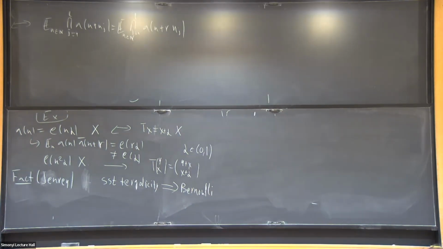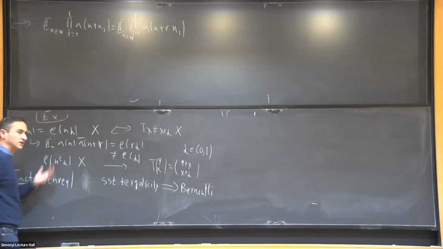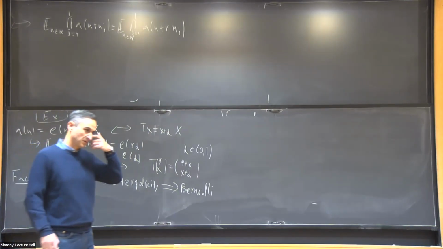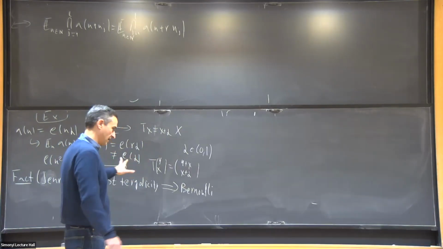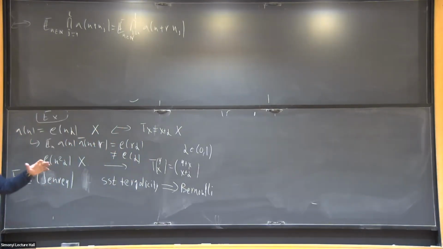It would have been an excellent result and would have made life much easier if, in general, strongly stationary systems were mixtures of Bernoulli. Then we would have probably proved all these nice things, but it's not a true fact of life, unfortunately. So if you go to the non-ergodic case, there are several strongly stationary systems I will mention in words, but I will not give a proof.